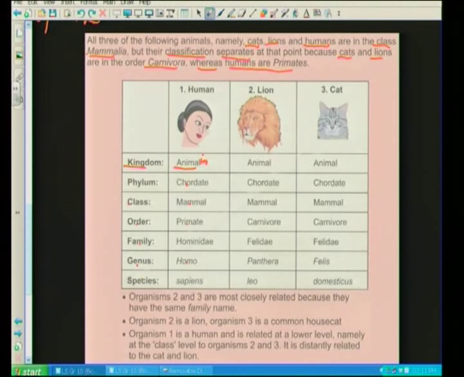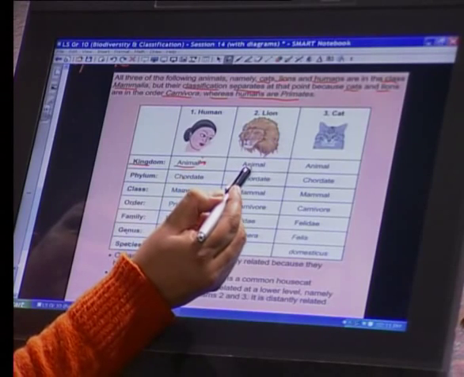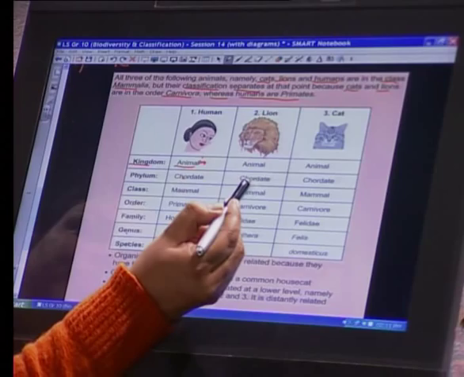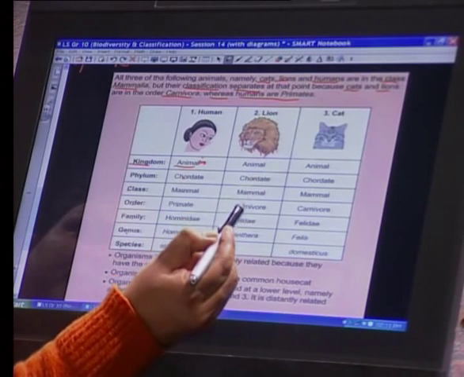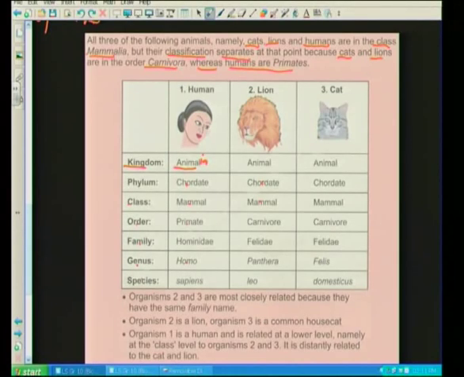Now if you look at the lion, the lion belongs to the animal kingdom. It's a Chordata, it's a mammal, it's a carnivore, Felidae, Panthera, and leo, whereas the cat is also an animal, Chordata, mammal, carnivore, Felidae, Felis, and domesticus.